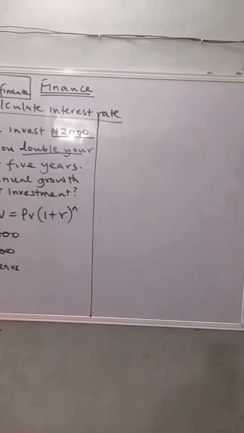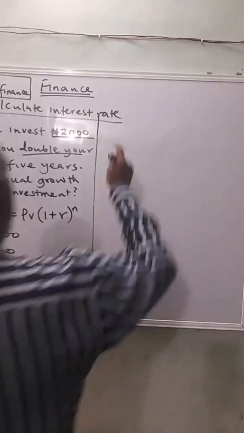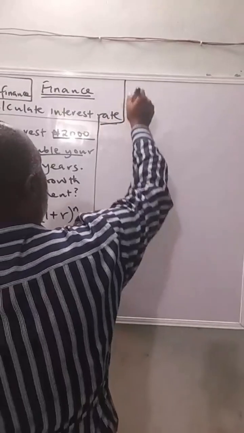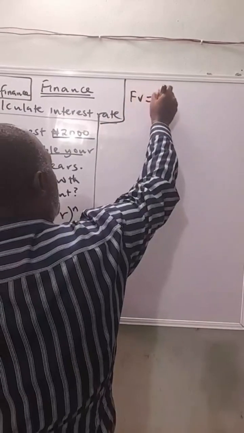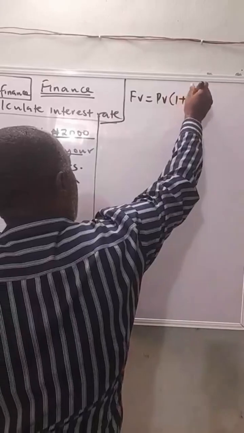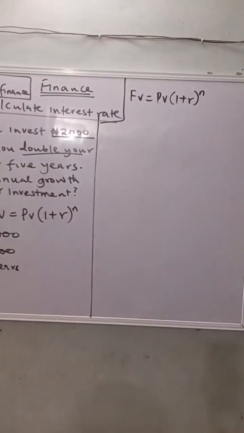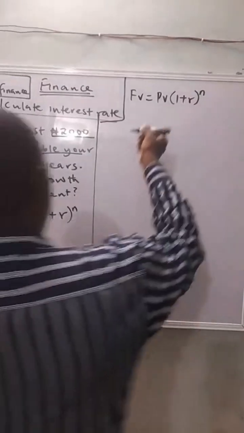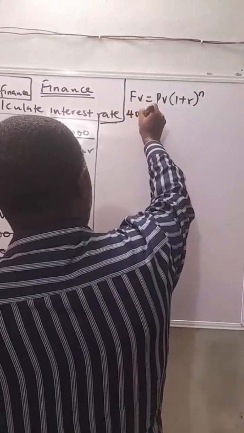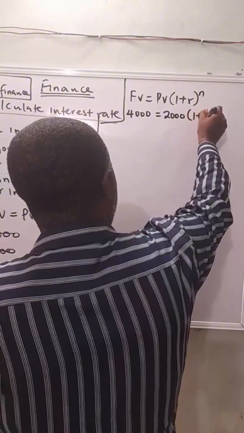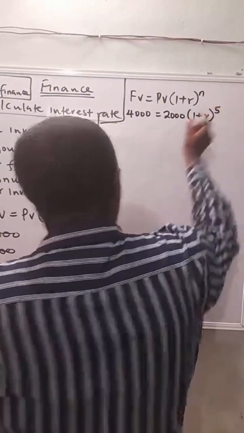We have here future value equal to present value into 1 plus R, all raised to power n. So, a simple substitution: this will be 4,000, this will be 2,000, and this is 1 plus R, all raised to power 5.